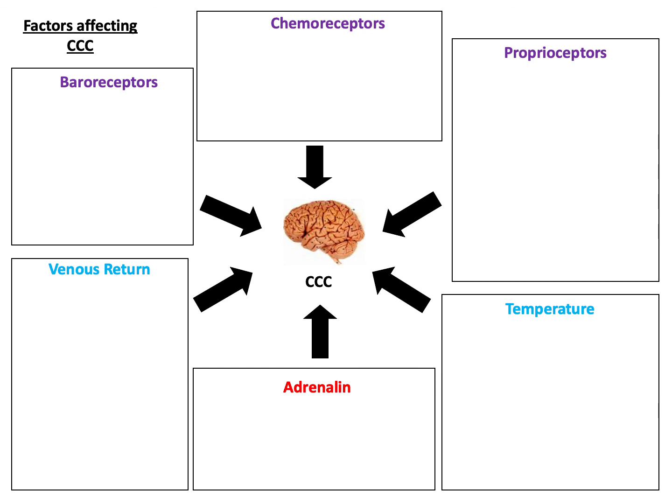So obviously if there is going to be more carbon dioxide, because we're looking at our chemoreceptor, we would need to increase the heart rate. But with adrenaline, we'd want to do something different. So have a think and see if it goes up or down, and briefly explain what each one is.